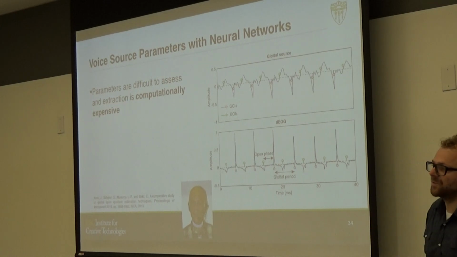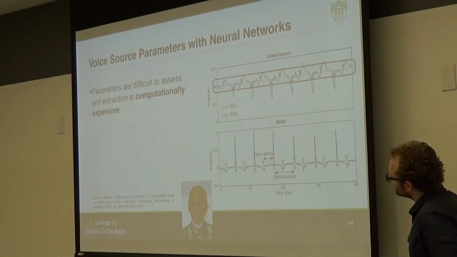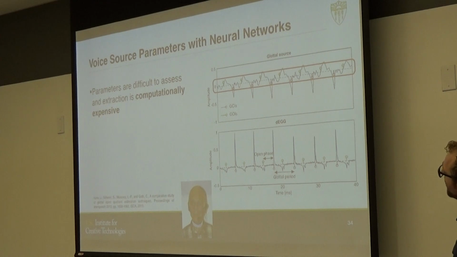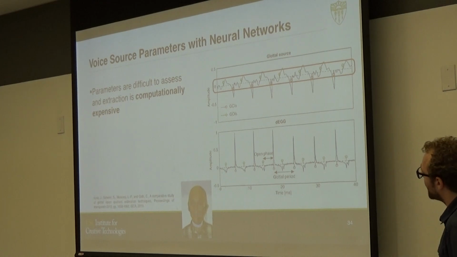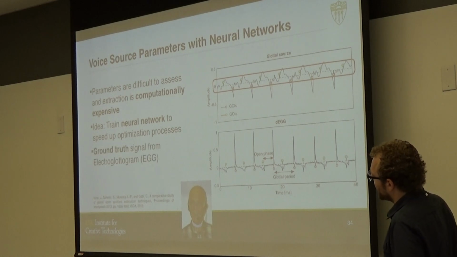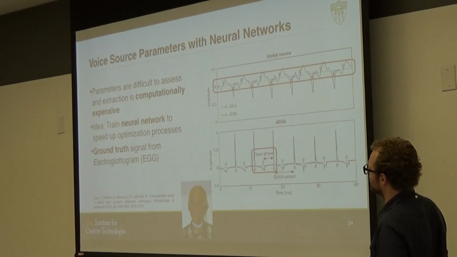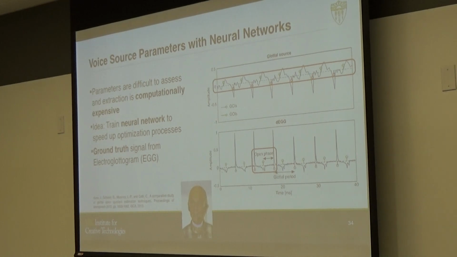Obviously it's not as smooth as the model parameters suggest, but it fits quite okay. So this is what we want to build in our neural network, and we hope that using the ground truth signal from the electroglottogram can help us achieve this.